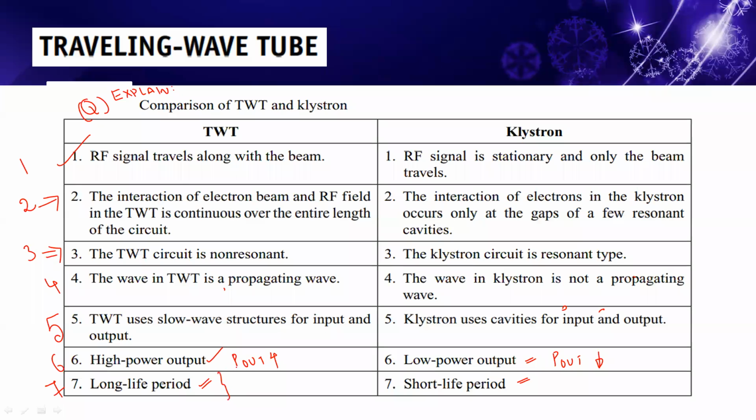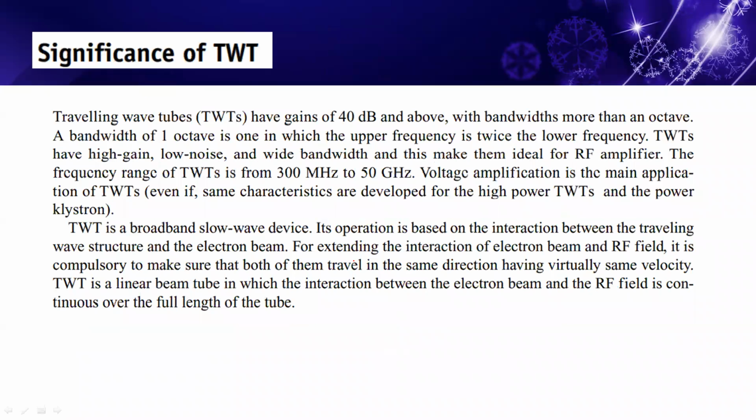So this is a very important table for our end examination, comparing klystron structures and traveling wave tube structures. Take a snapshot. So come to the next slide. What is the significance of this?